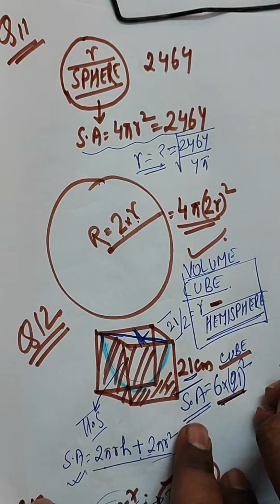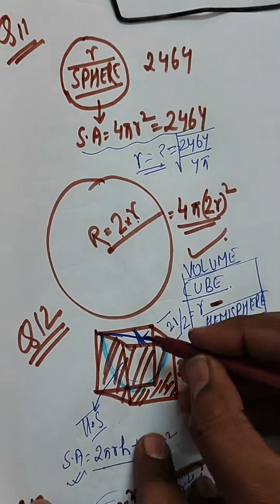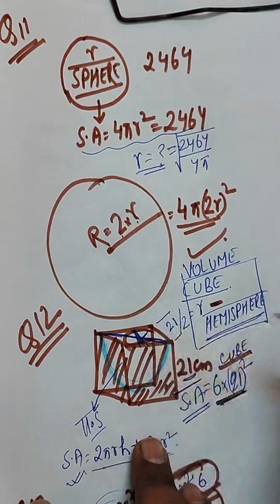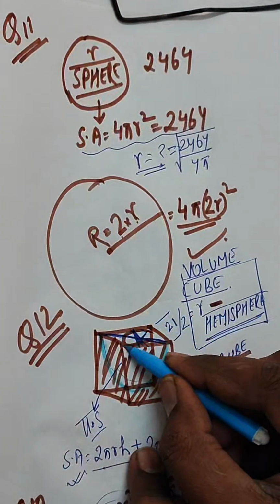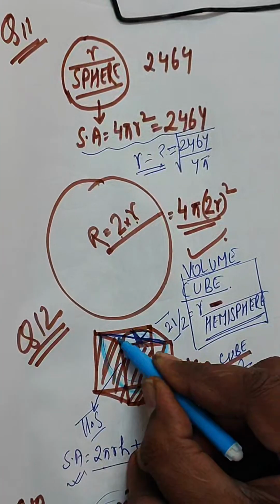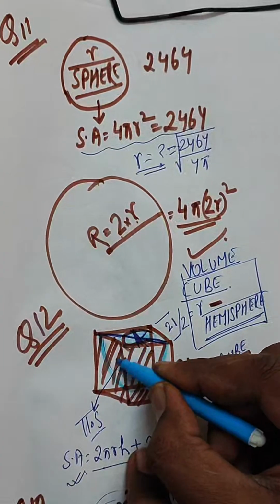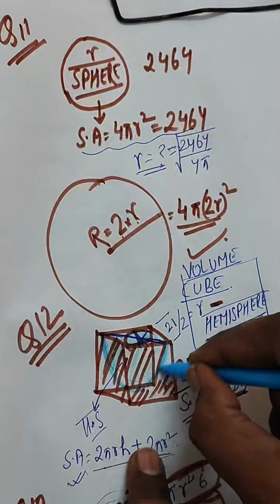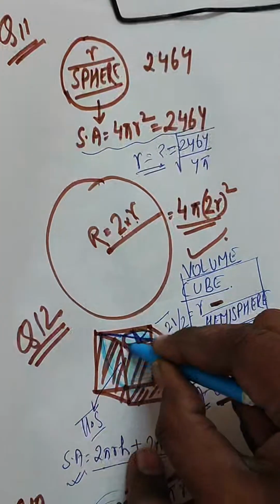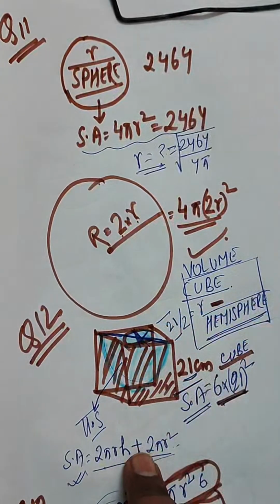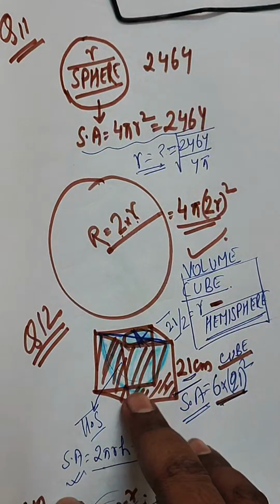Minus the area of the top of the hemisphere, because the hemisphere is just a circle shape over here on the top, because this is carved out, cut and brought out from the solid cubical block.